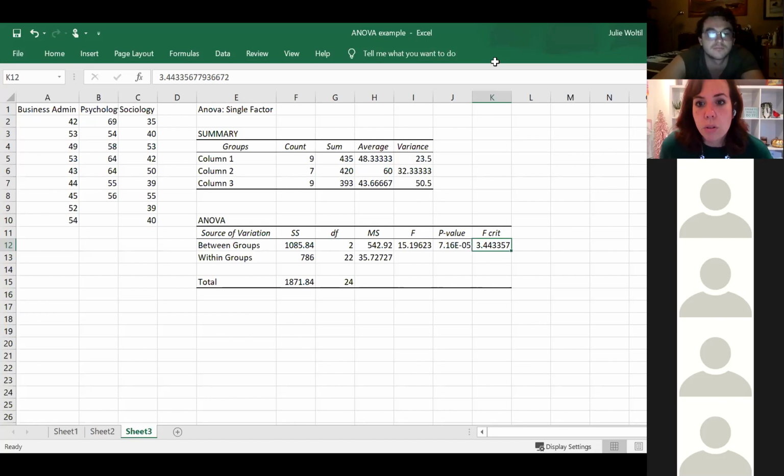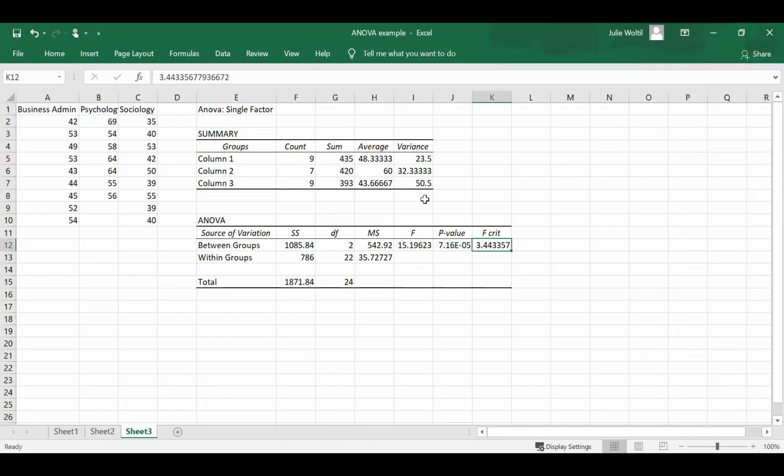So we reject the null because we have a statistically significant result. I know that because of two things. My F obtained, my result, my F statistic is larger than my F critical.